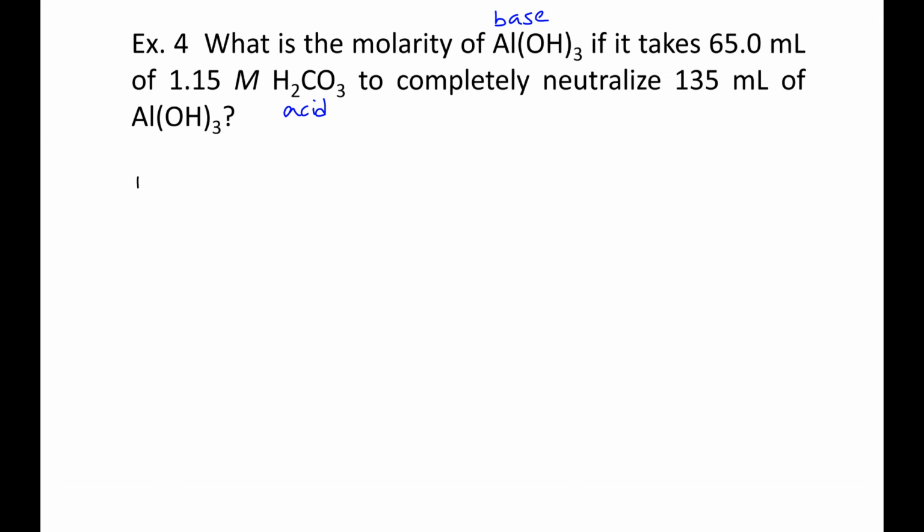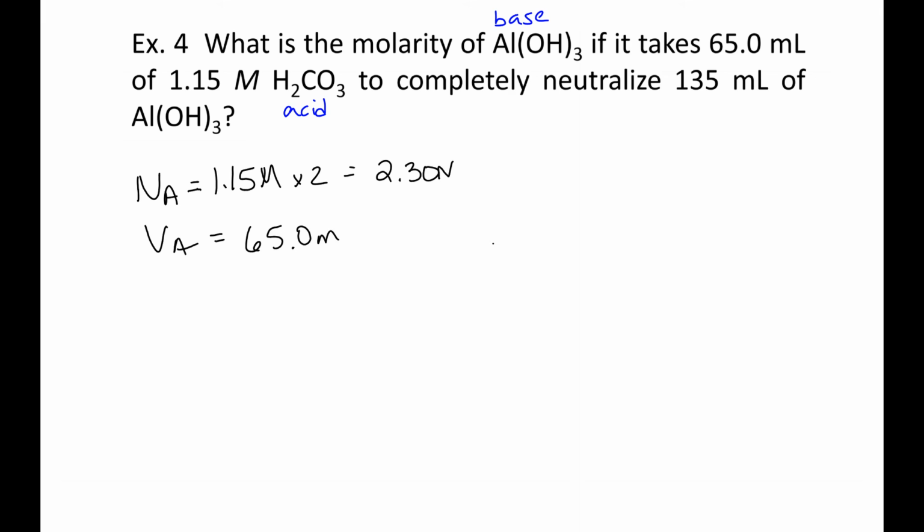So Na is 1.15 molar times 2, because there's 2 H's, so that gives us 2.30 normal. VA is 65 milliliters, and NB is what we're looking for, and VB is 135 milliliters.